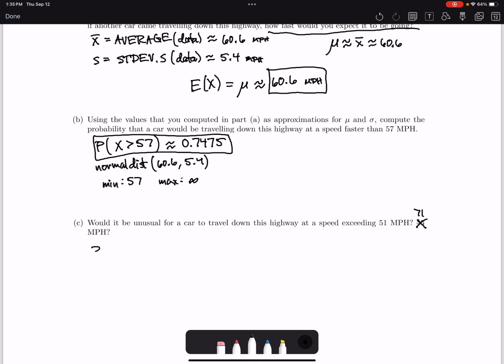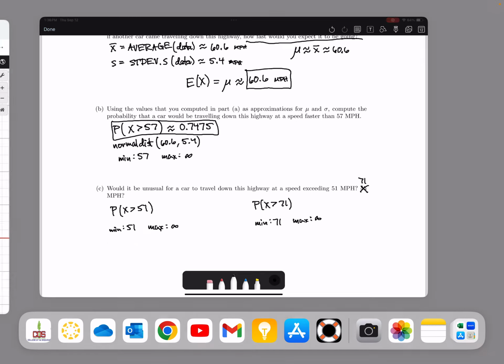So we'll look for the probability X is more than 51. For that, my minimum value is going to be 51, and my maximum value is going to be infinity. We'll see what that probability is. And then we'll also look for the probability X is greater than 71. So here my min will be 71, and my max will be infinity. Okay, let's see what we get for these probabilities.